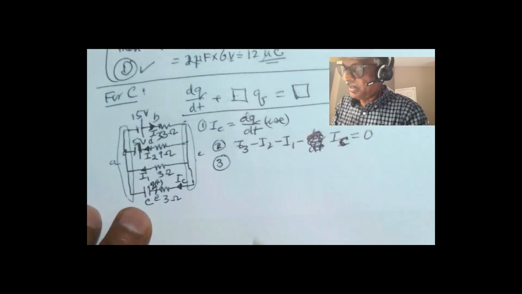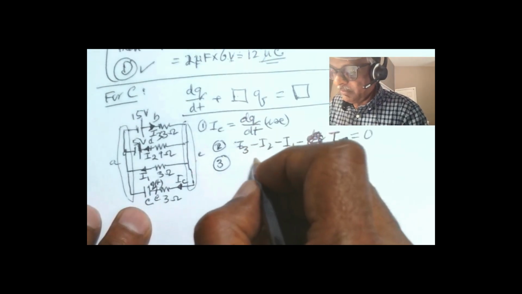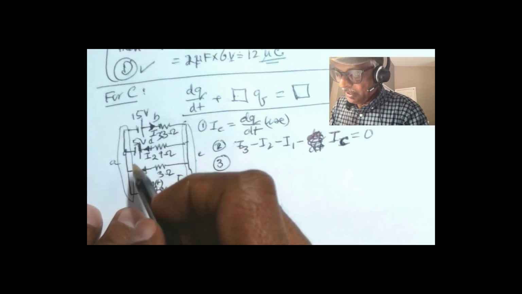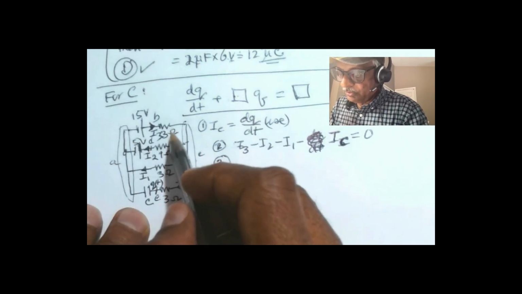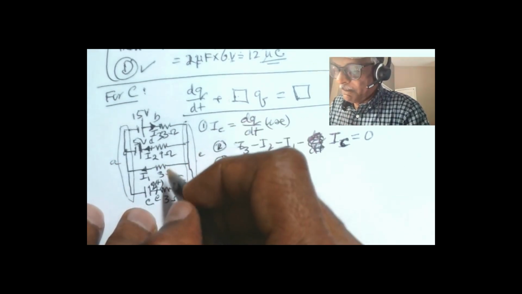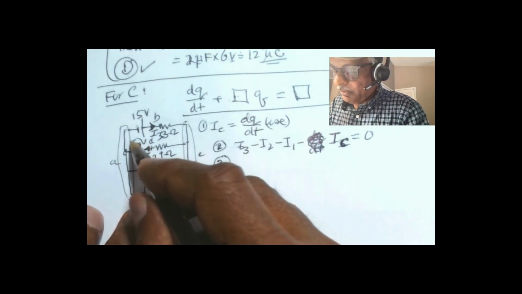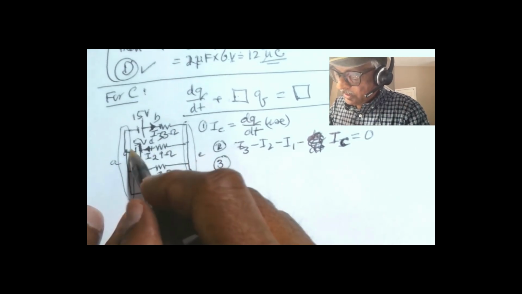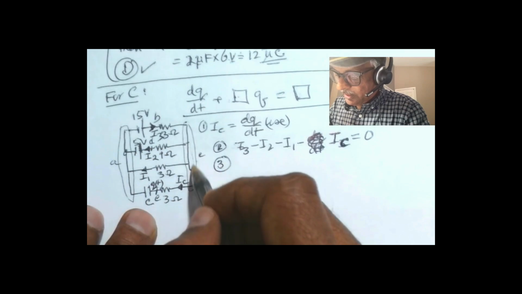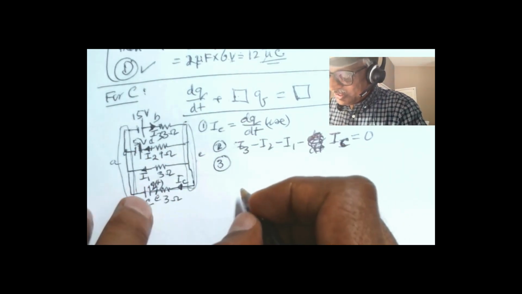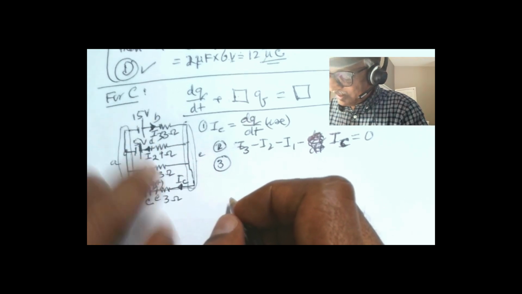So basically we are going to try to make use of IC, and then I can generate loop equations with IC and the other loops.